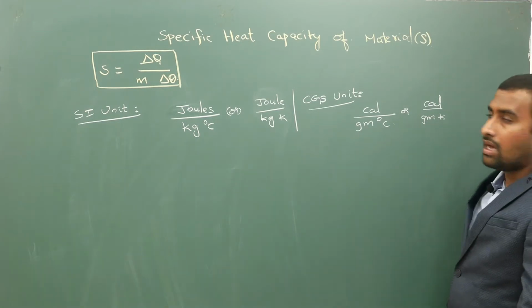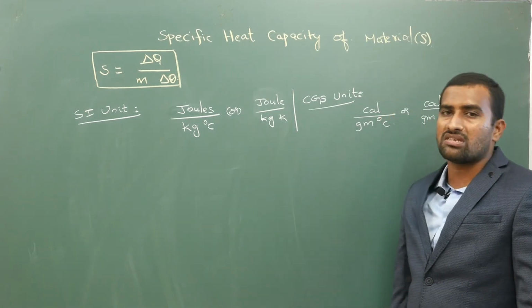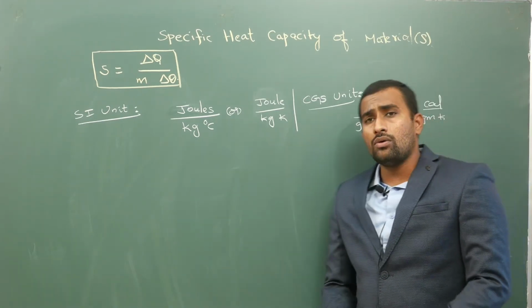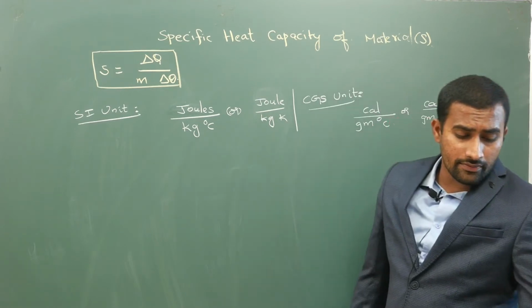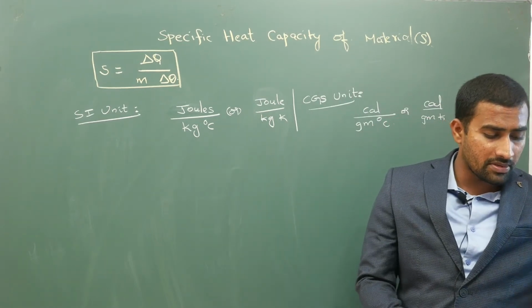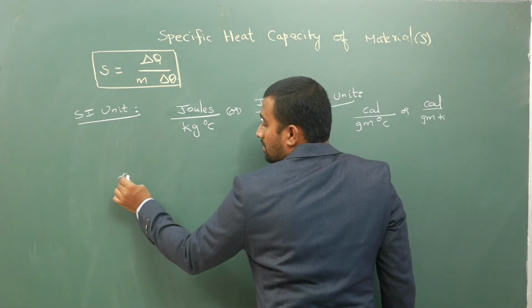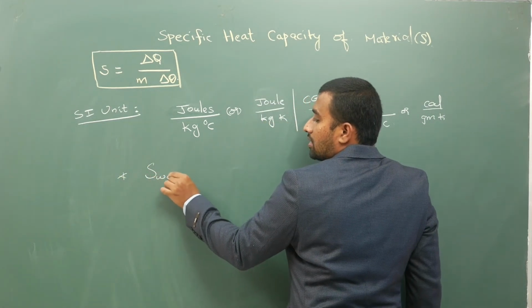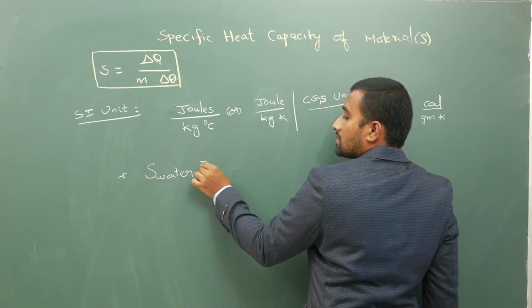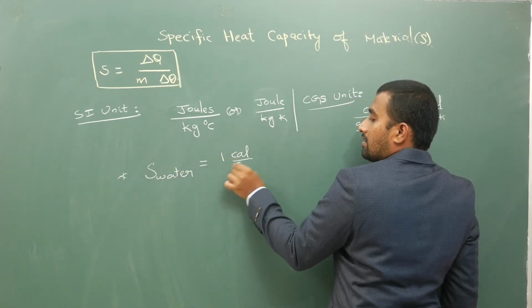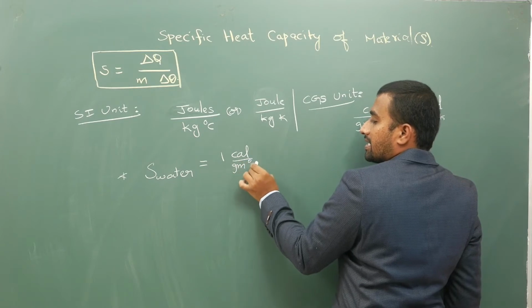Now this is going to be your specific heat. While solving problems, we need to remember some standard results. Those standard results are: your specific heat of water is 1 calorie per gram degrees centigrade.